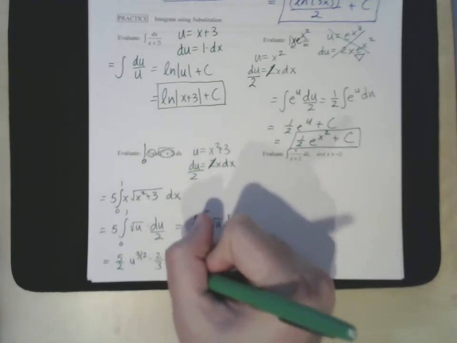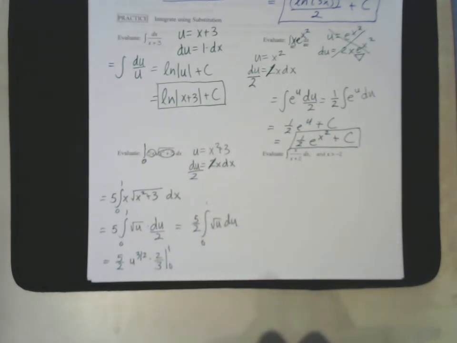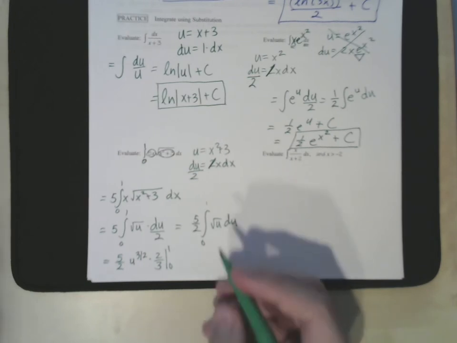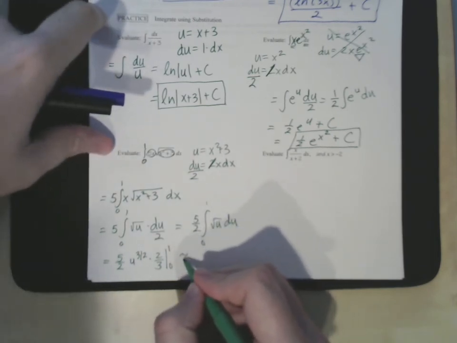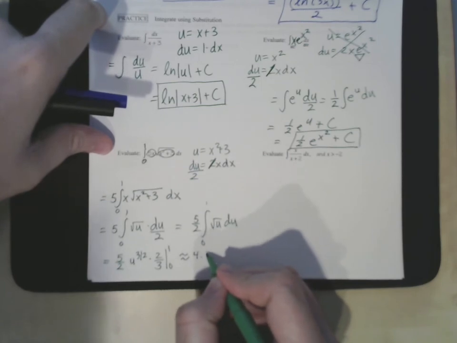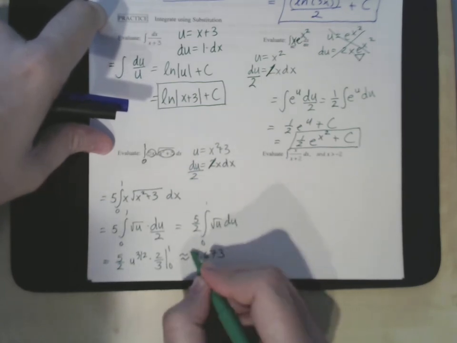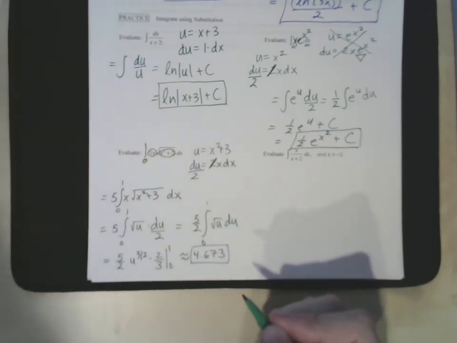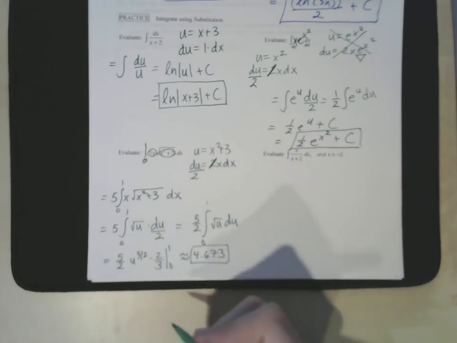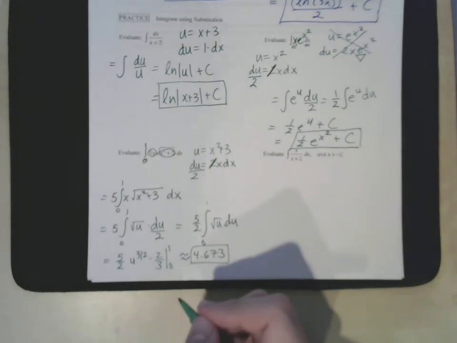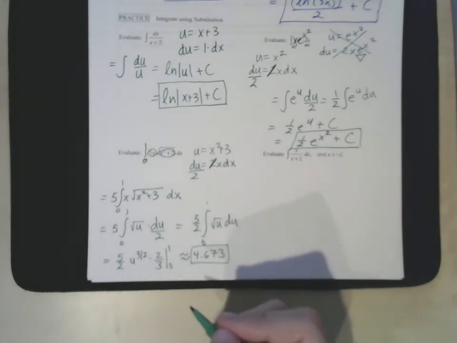And this gets evaluated from 0 to 1. And when we evaluate this from 0 to 1, we get approximately in our calculators 4.673. All right, so once you plug in 1 and 0, which is really just plug in 1, then you can get your answer.